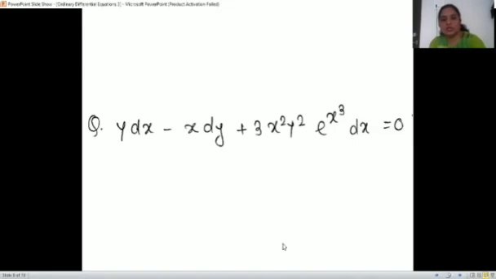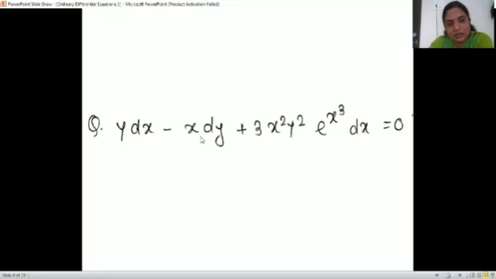Next is this equation. If you have attended the last lecture, you can easily tell me how to solve this. How to solve this? If we see the first two terms, this is y dx − x dy.